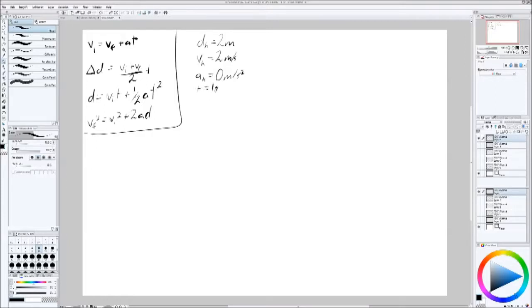Nice easy numbers. Then vertically, our distance we didn't know. The velocity vertically, we also didn't know. Acceleration vertically, if you're on the planet, is always going to be gravity, and here in New Zealand that is 9.81 meters per second squared, and the time is the same in both cases because it's not related to distances. So now we can figure out what all these different ones are.